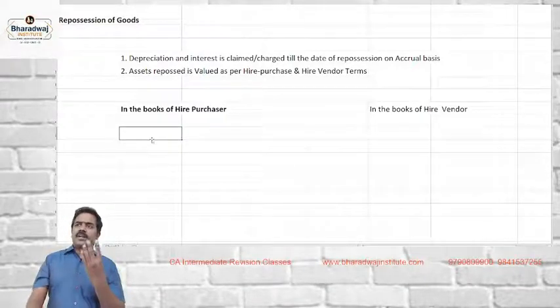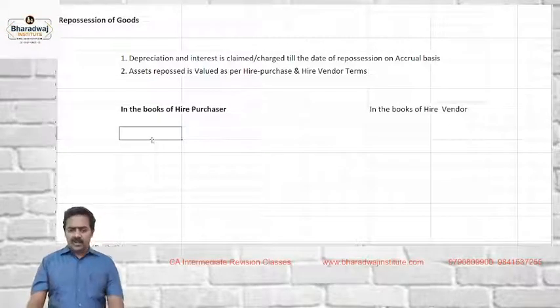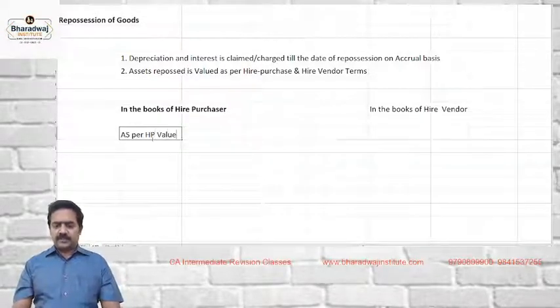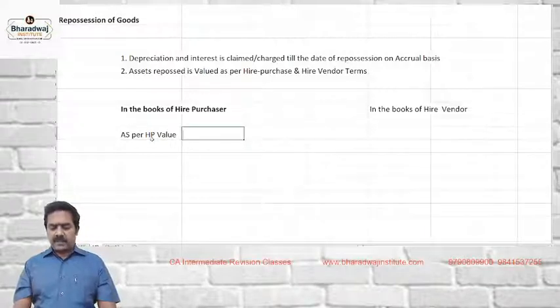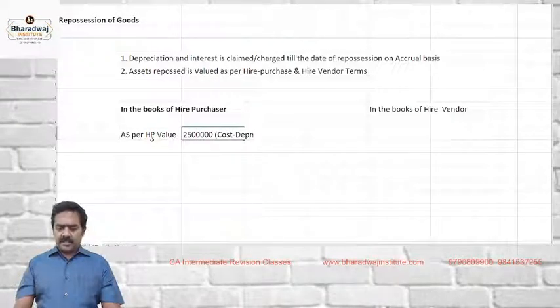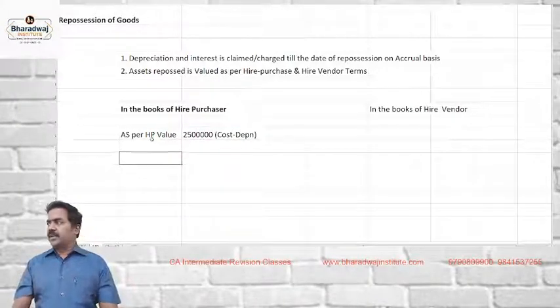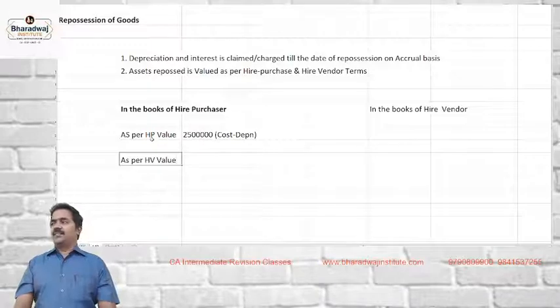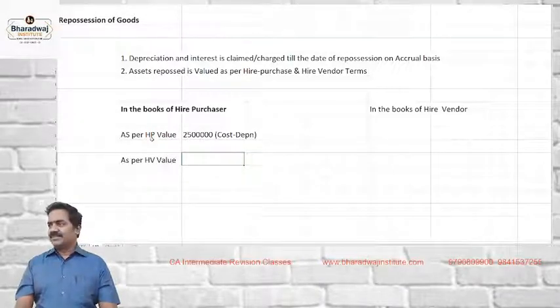Let us assume they are taking over 4 machines. As per hire purchaser value, it comes to 25 lakhs. This is nothing but cost minus depreciation. This is as per the purchaser's value. As per hire vendor value, whether they will accept a higher value or lower value.